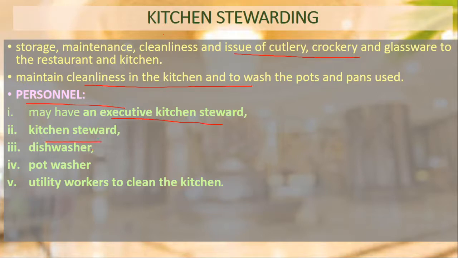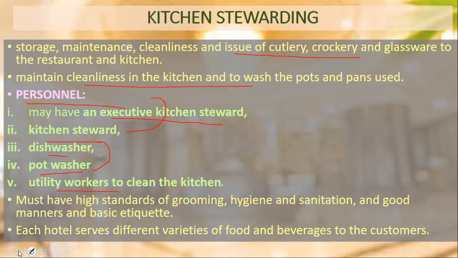Then you have kitchen steward, dishwasher, then pot washers and finally you have the utility workers who clean the kitchen. They wash the dishes and the executive kitchen steward looks after the proper maintenance of cleanliness. They need to have high standards of grooming, hygiene and sanitation, good manners and basic etiquettes.